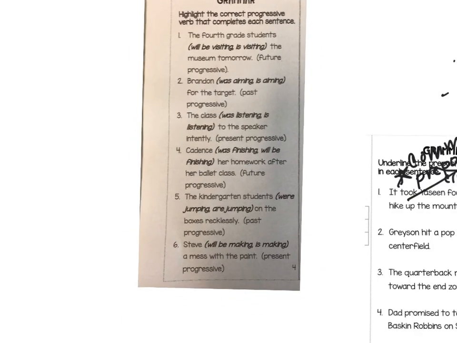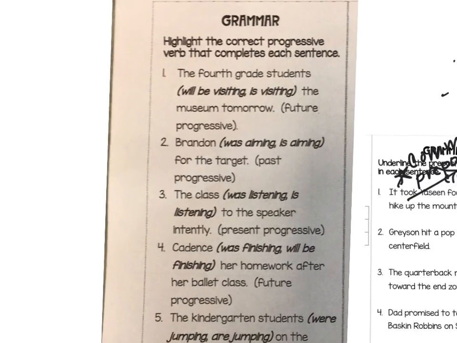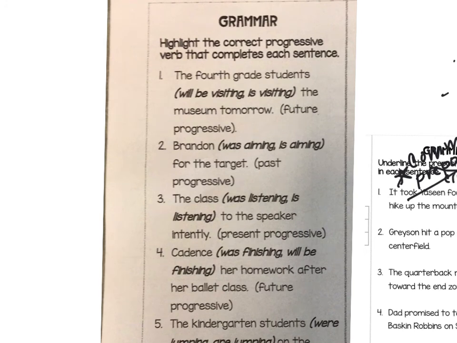Now we'll move on to page 4. And we are going to go back to these progressive verbs that we've talked about before. And these, remember, are verbs that end in ing and also have a helper or a be verb with them.